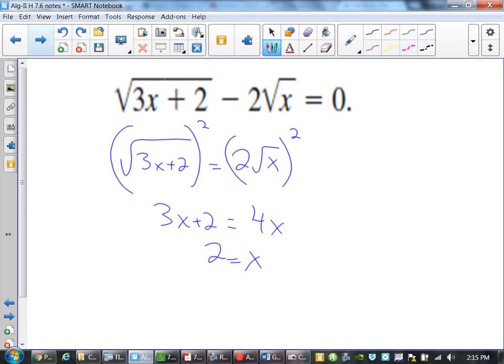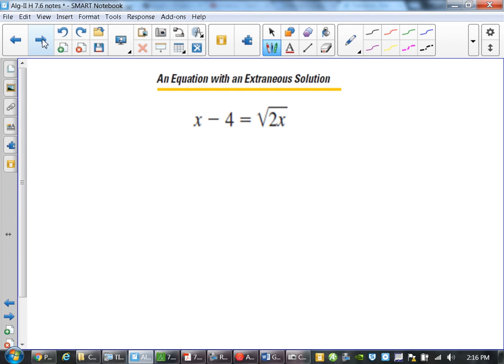Think about this, guys. This is the same thing as saying distribute the power of 2, squared. So that's how it works.